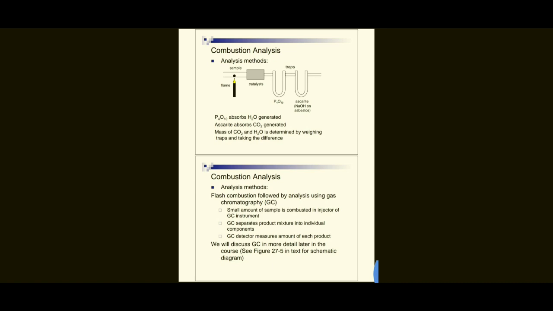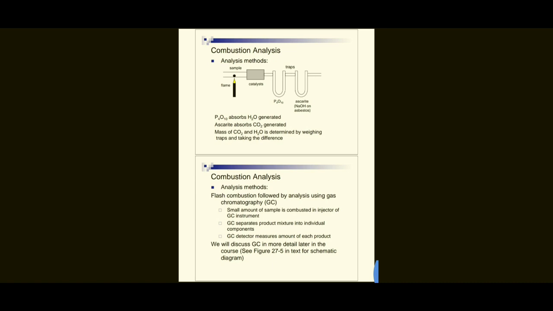P4O10 absorbed in H2O generated, and absorbed CO2 generated. The mass of the CO2 and H2O is determined by the trapped amounts, by taking the differences. Another analysis method is flash combustion followed by analysis using chromatography.